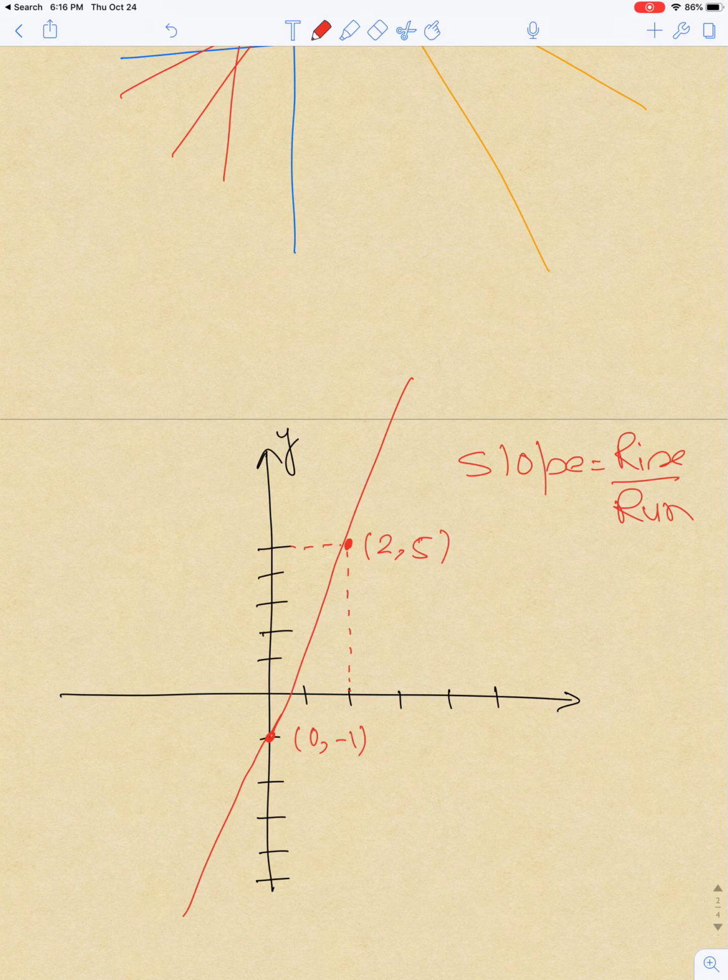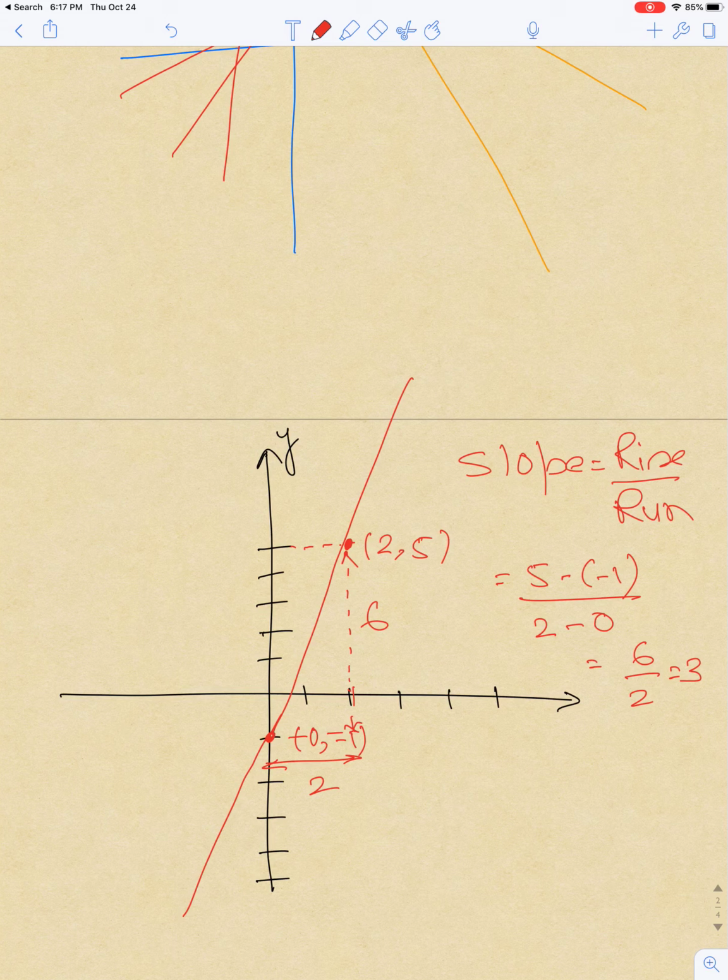These are just names. Rise means how much did my line grow on y? When I went from this point to this point, how much was the change? Well, I went 5 minus -1, because this is how far it is. This is 6, right? I went 6 here, and when I went run, which is how much I went on x-axis, I went from 2 minus 0. I went 2. So slope is simply 6 divided by 2 equal 3.